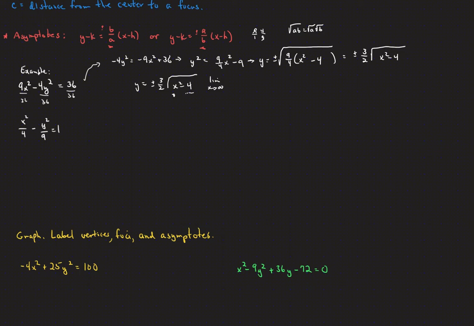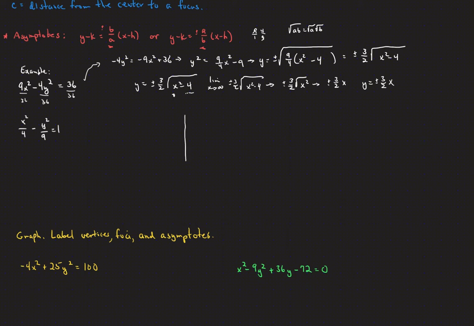The bigger x gets, the less important that is, and the more our plus or minus 3 halves square root of x squared minus 4 is going to look like plus or minus 3 halves times just the square root of x squared. That is, it's going to look like plus or minus 3 halves x. It's going to look like a straight line through the origin with slope 3 halves and negative 3 halves.